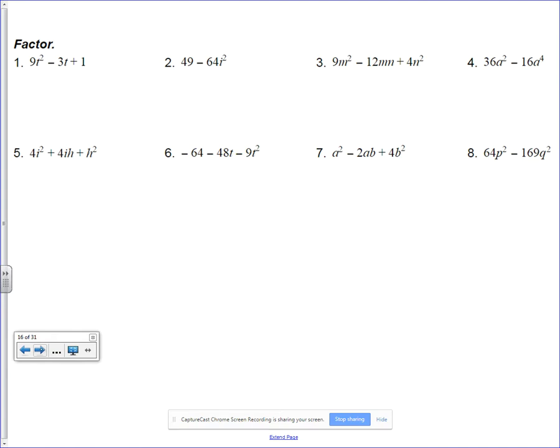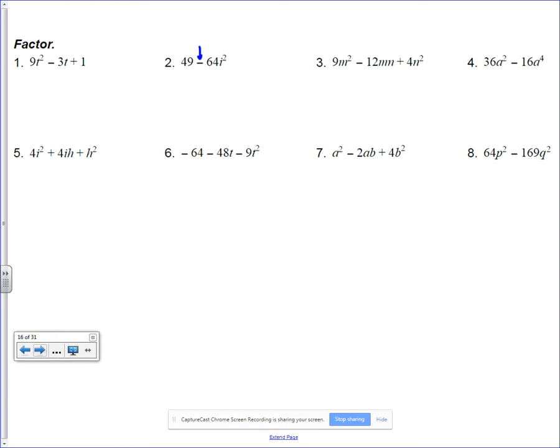I think that I want to go through and do all the 2-term ones first. Sound like a plan? Okay, so I'm going to start with number 2. Number 2, first of all, do you have a GCF? What can I take out of both of those? Oh, that's not a GCF though, right? We have perfect squares. Is this the difference, folks? Yes, difference means subtraction. So if I have the difference of 2 squares, what am I going to make?